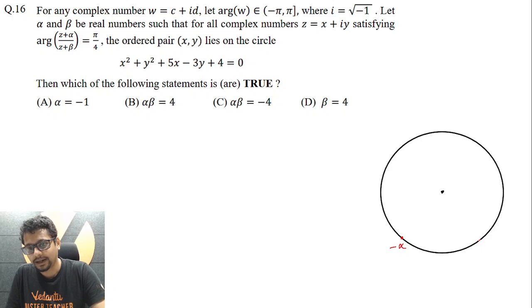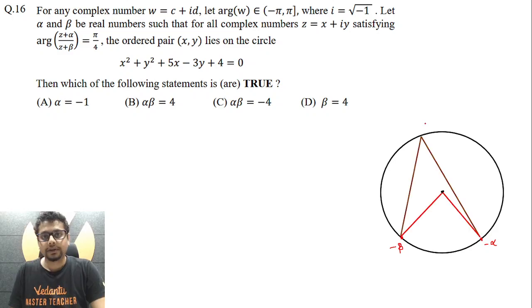So let this be minus beta, and this be minus alpha. This chord with the endpoints represented by minus alpha and minus beta subtends pi by 4 angle at the periphery of this circle, and z lies on the major arc of the circle.